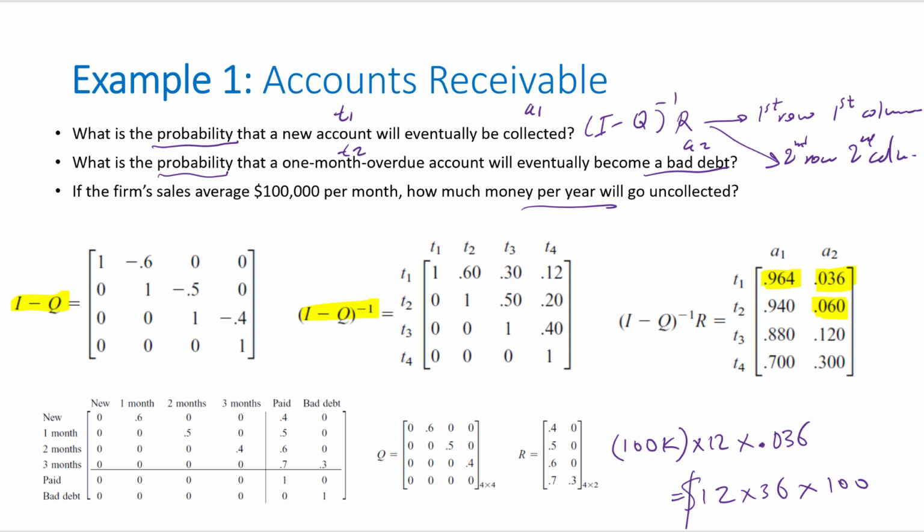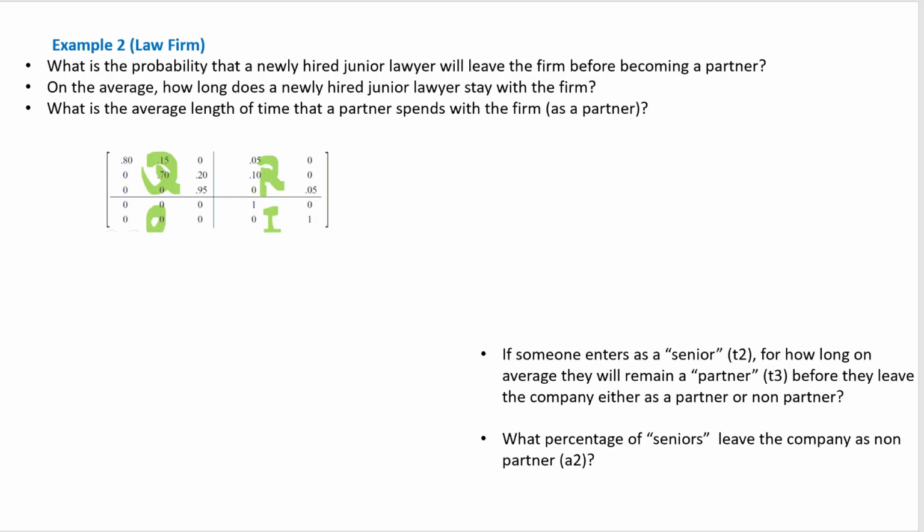That amount is the amount that cannot be collected. 43,200 will be uncollected per year. Alright, how about the second example?